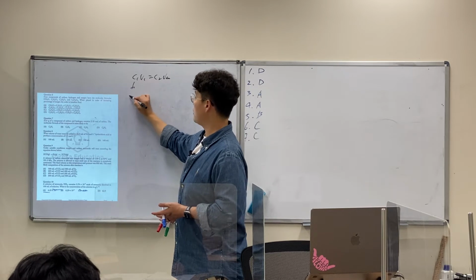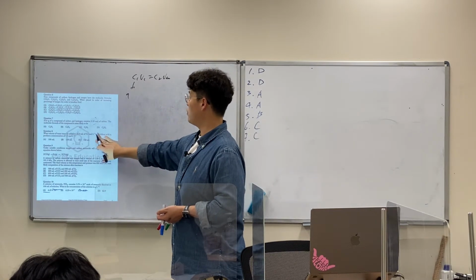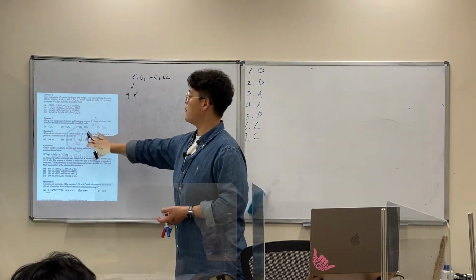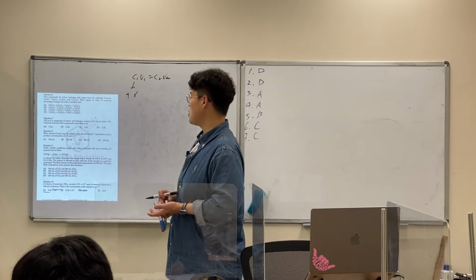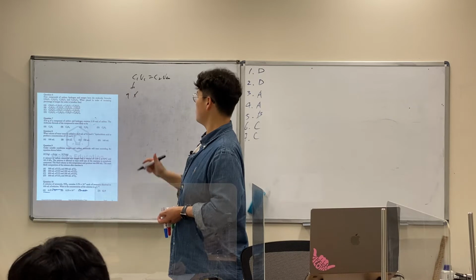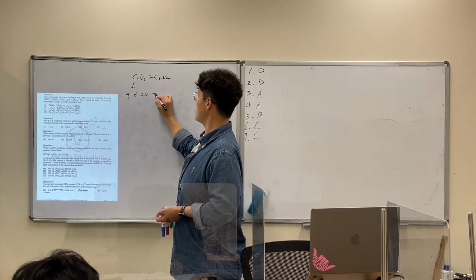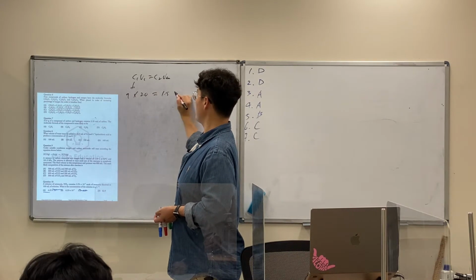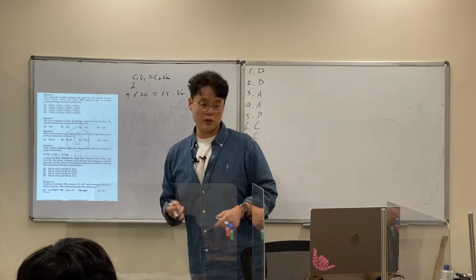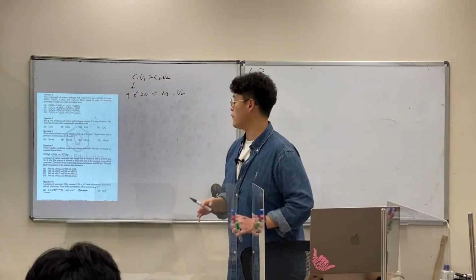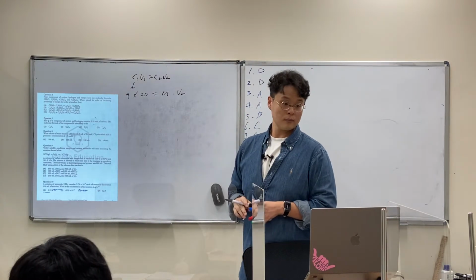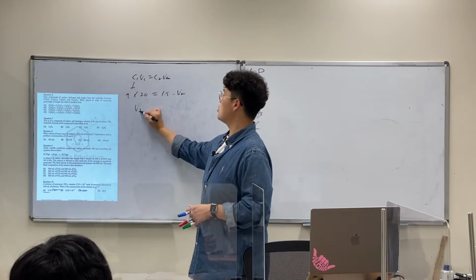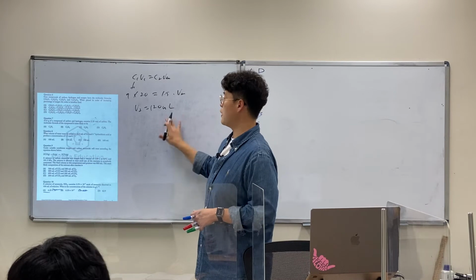You do not need to convert the units, as it is a ratio. I just use 9 times 20 equals 1.5 times V2. So finding V2, you would get the answer of A, which is 100 mils. Oh, sorry, you would get V2 is 120 mils, by the way.